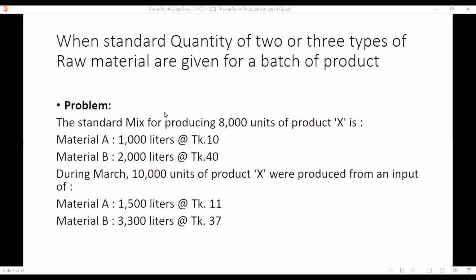But here is a mix of two inputs, material A and material B. Material A is needed 1000 liters to produce 8000 liters of product X, and material B is needed 2000 liters to produce 8000 units of product. Actual output was 10,000 units.